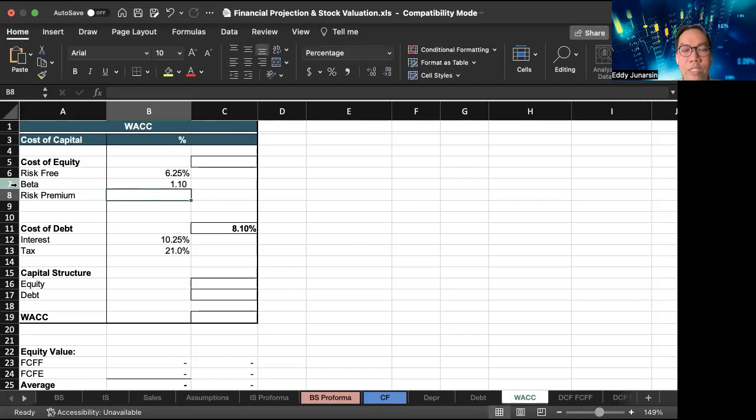Essentially, beta is the sensitivity of individual assets' or individual projects' return to the market return. Risk premium, let's say for the last 15 years, it's 9.75%. A geometric return on a certain stock index for the last 15 years, let's assume it to be 9.75%.